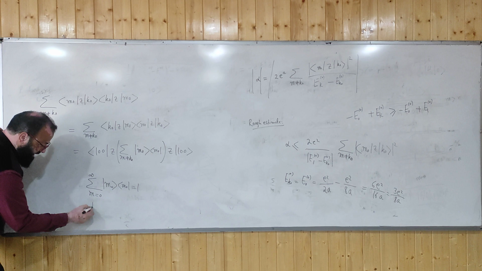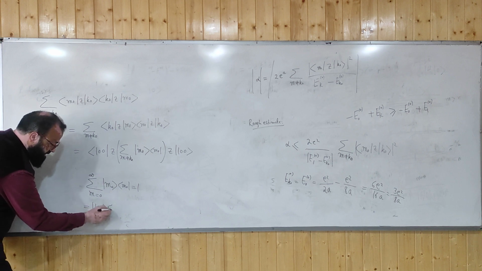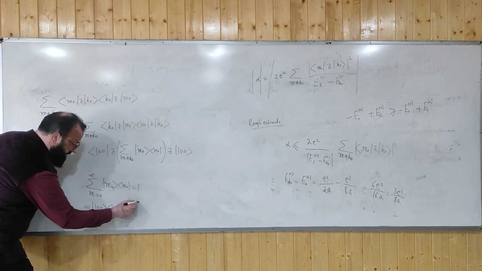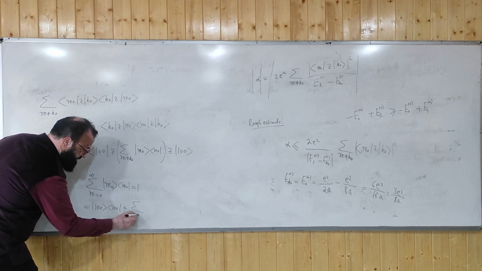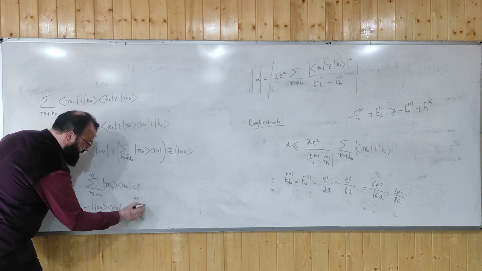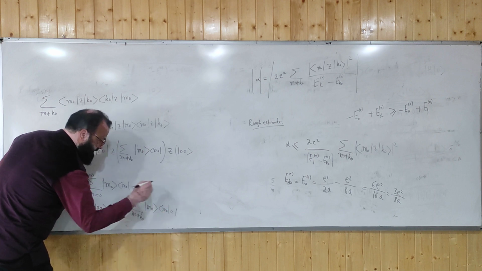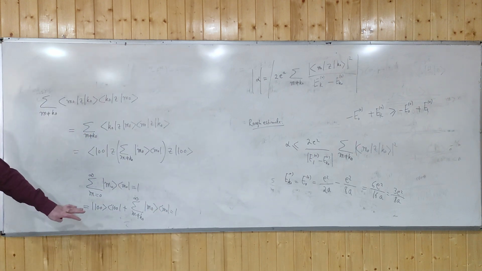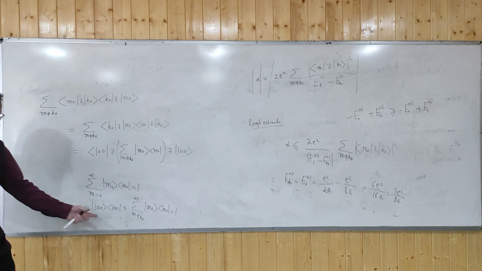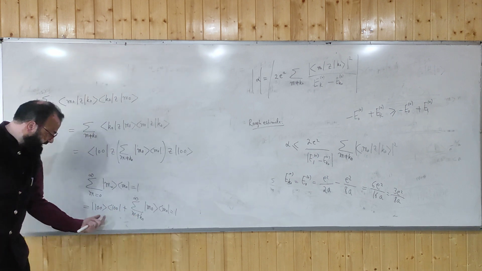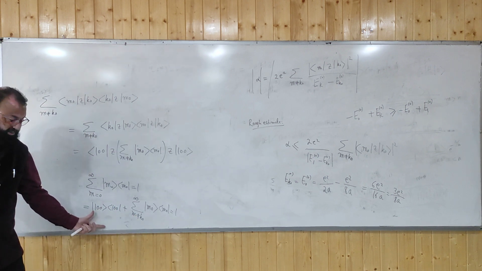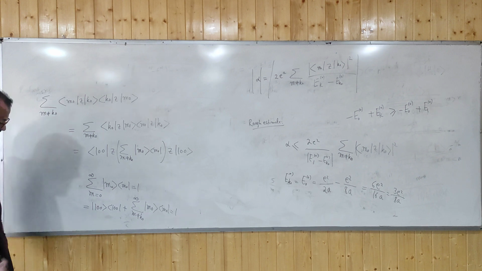So this sum I can write as |100><100| plus all the rest of the states, m not equal to k naught up to infinity. So I have taken it out this way. You are just using the completeness condition. So that means this very sum I can write as 1 minus this object. Clear? So I should not put it full.